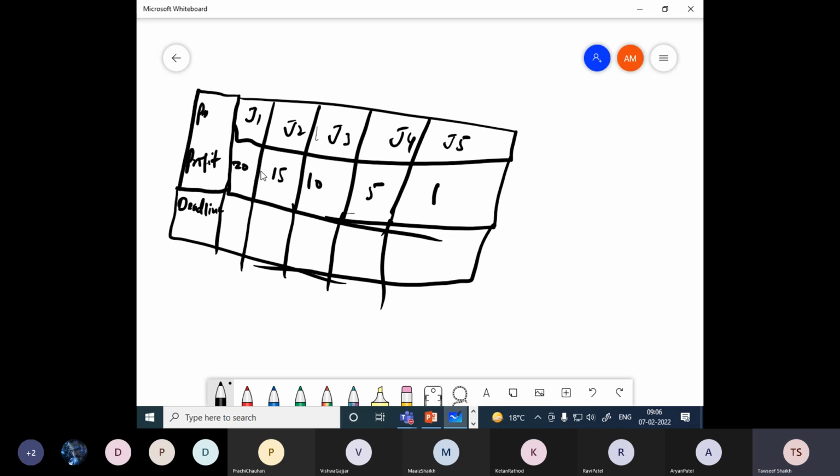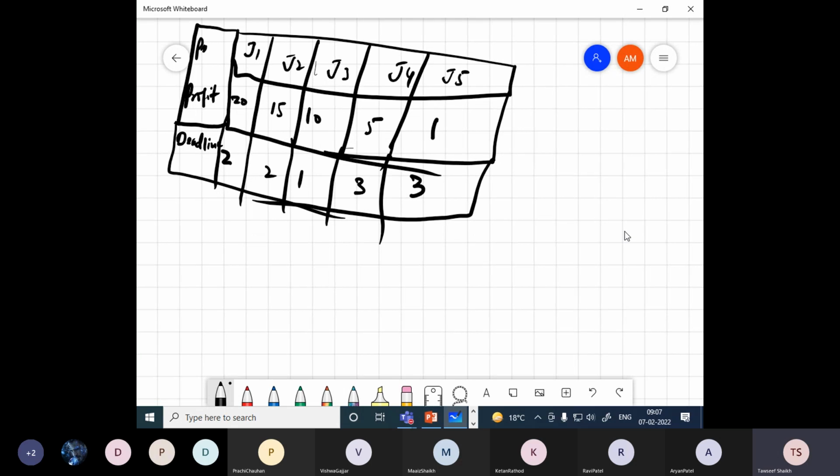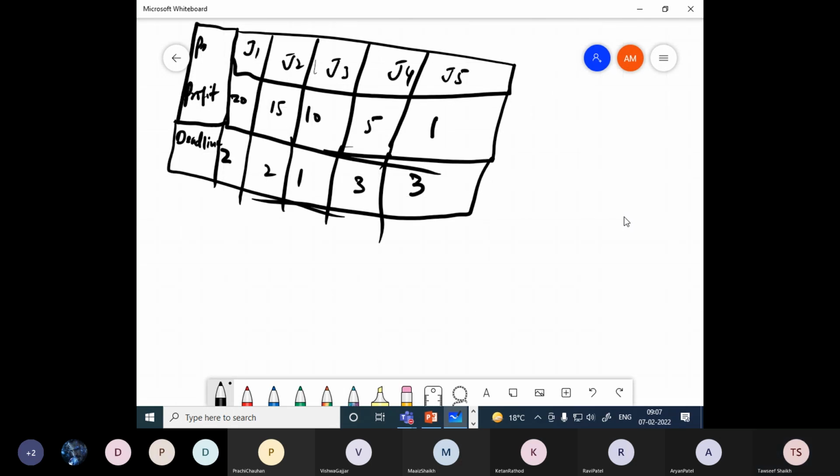Even if they are not arranged, you can arrange them yourself while solving such a problem. The deadlines are 2, 2, 1, 3, and for the last one, the deadline was 3. Okay, this is the input which has been provided to this typewriter.